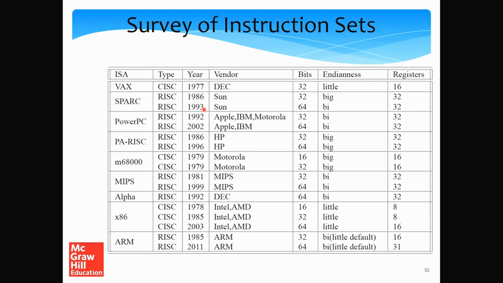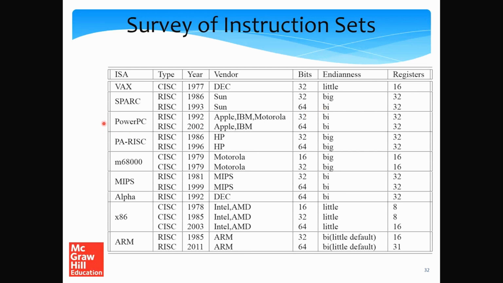So that's what it means to be a 32-bit instruction set. And what it means to be a 64-bit instruction set is also the same: the size of a register is 64 bits, or the size of an instruction in the case of a RISC architecture is 64 bits. The 64-bit instruction set was actually bi-endian, meaning it could be configured to be either little endian or big endian, and we had 32 registers.